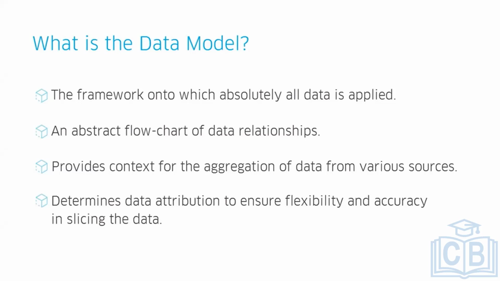It provides aggregation contexts from various sources and determines data attribution to ensure flexibility and accuracy in slicing the data. When we call it a framework onto which absolutely all the data is applied, we mean it's like a data structure in which all your data gets structured.